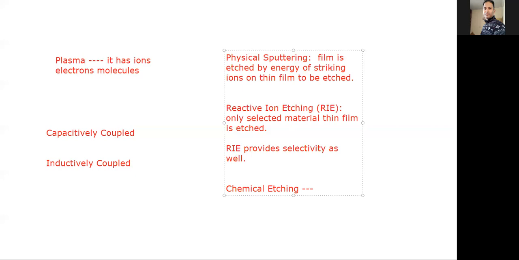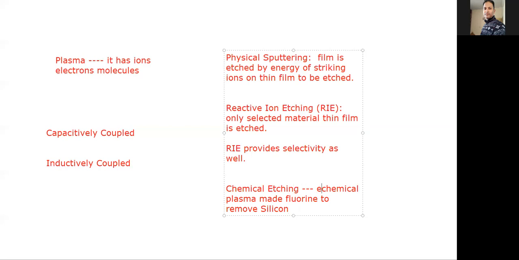For example, you can have a chemical plasma comprising fluorine to remove silicon. This fluorine based plasma removes silicon. So this is one example of chemical etching.